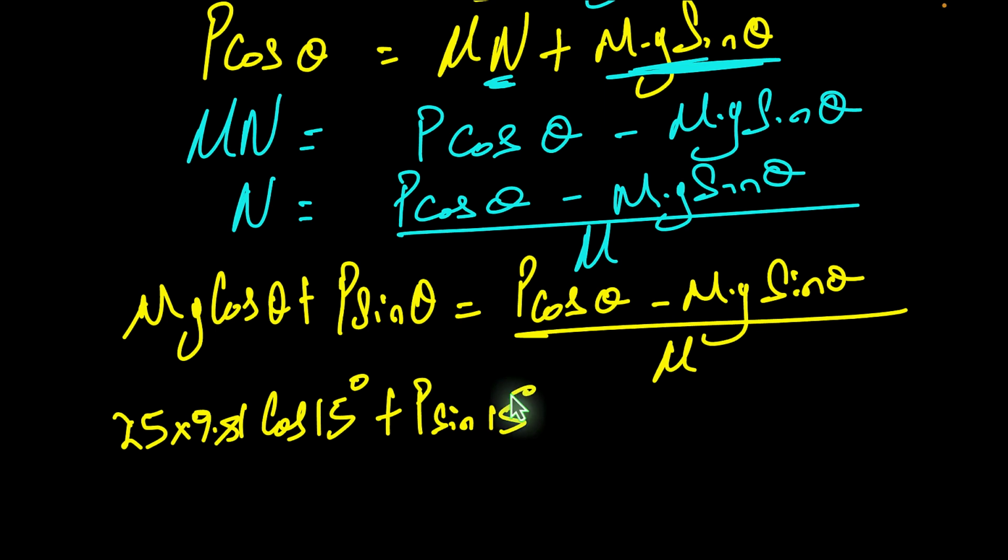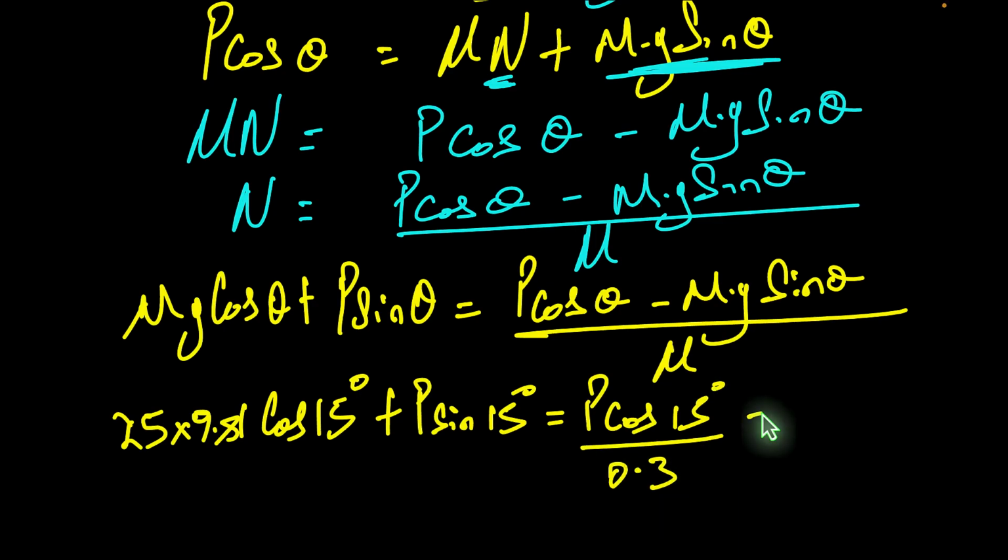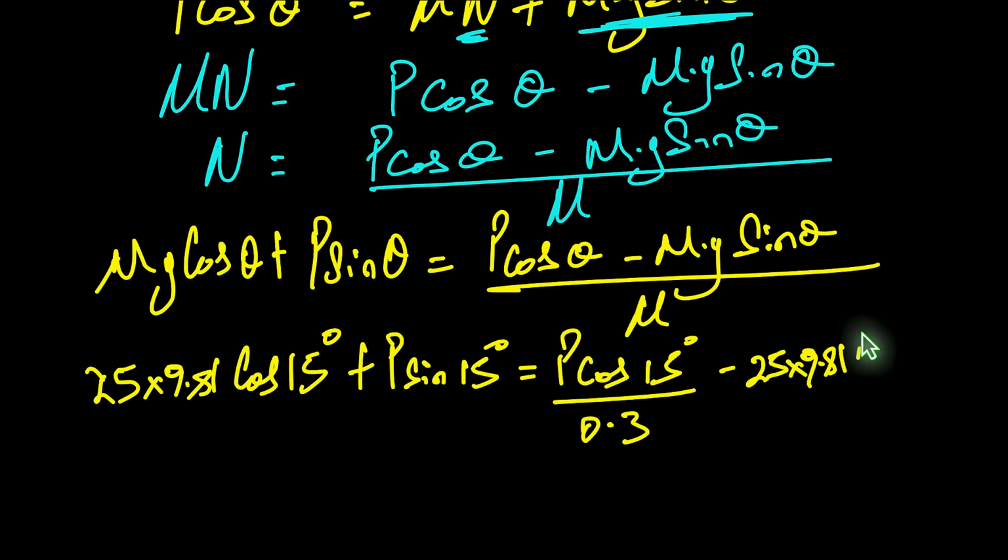So far, the only unknown is P. This will be equal to P cos 15 degrees times our coefficient of friction, which is 0.3, minus this next bit, mass times gravity, so 25 times 9.81, and sin 15, all over 0.3. So throughout our entire equation, the only thing that we have as unknown so far is just P.